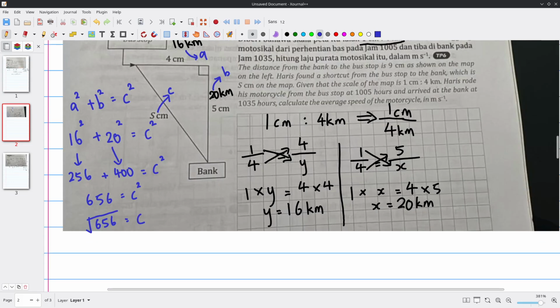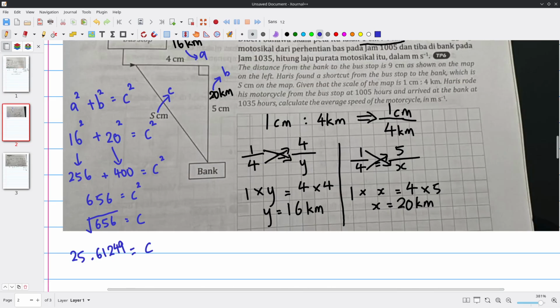Jadi di bawah ni, kalau cikgu kira di handphone dulu lah, sebab cikgu punya calculator tadi tu tidak function untuk square root lah. Okay, so untuk square root 656, cikgu akan dapat around 25.61249 something.